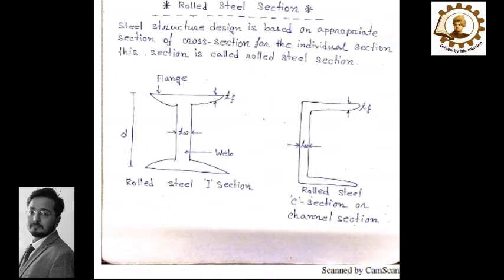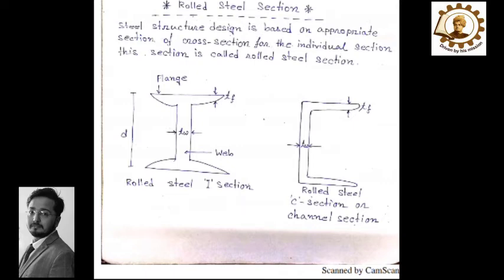So these sections, the I, C, every name is the name of the cross section. First of all, in the I section, we can see there is an upper portion, a lower portion, and a middle inclined portion.